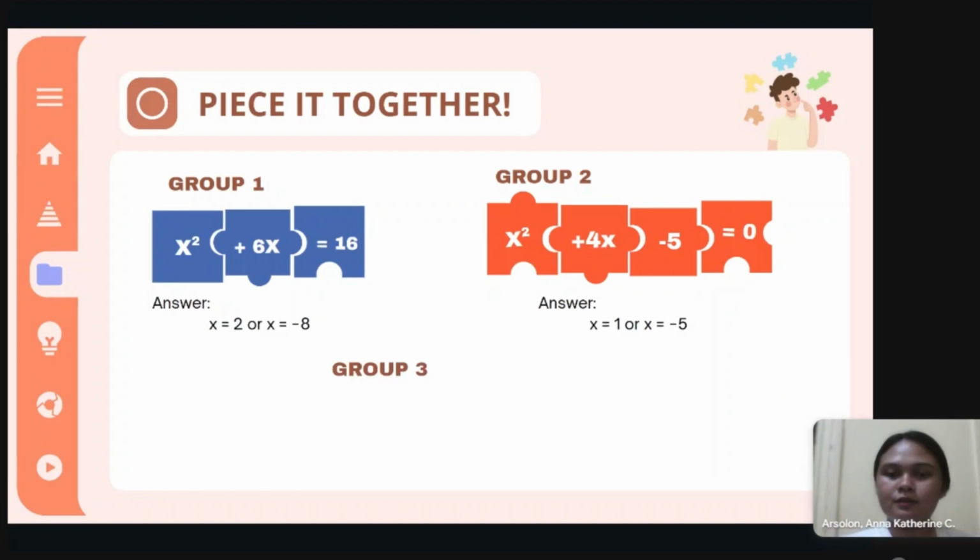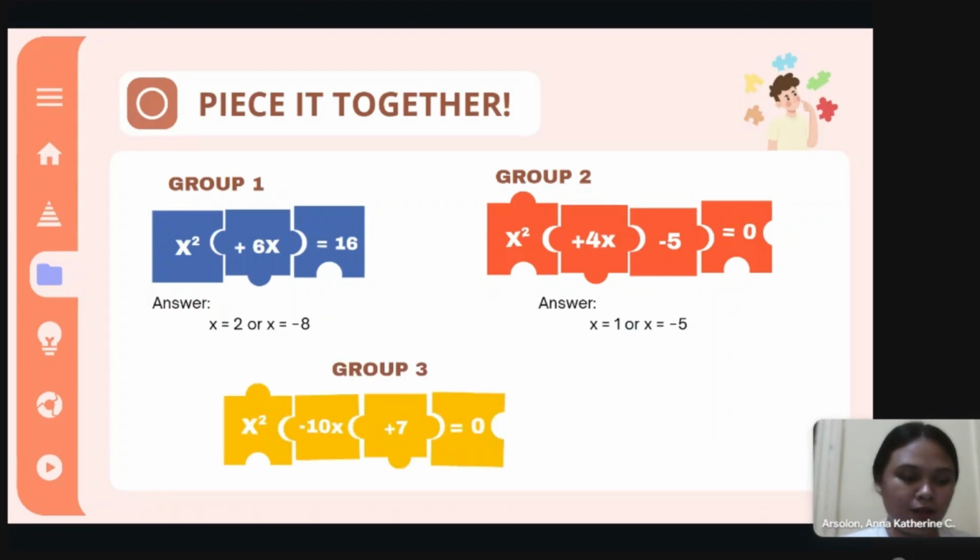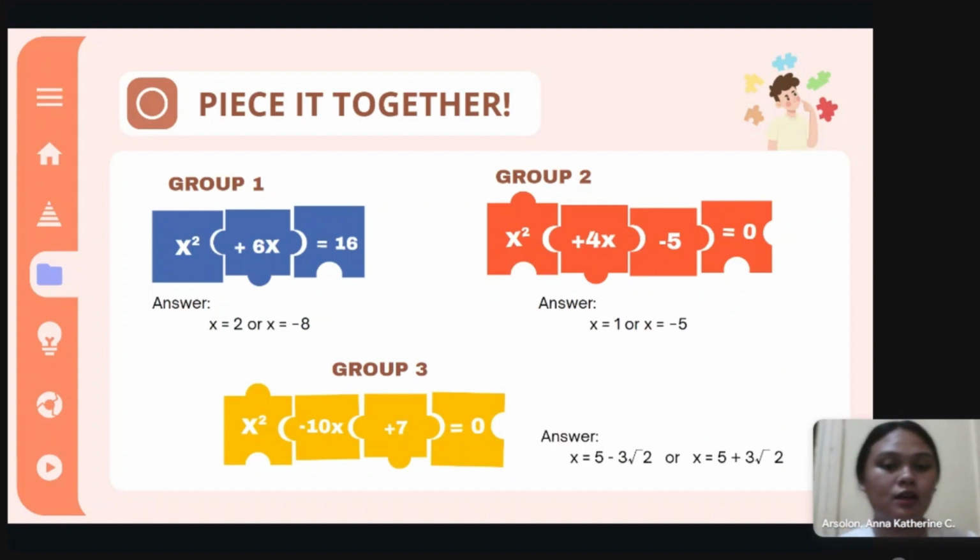Next is group 3. We have x squared minus 10x plus 7 equals 0, and the answer is x equals 5 minus 3 square root of 2, or x equals 5 plus 3 square root of 2. Everybody, you got it correct.